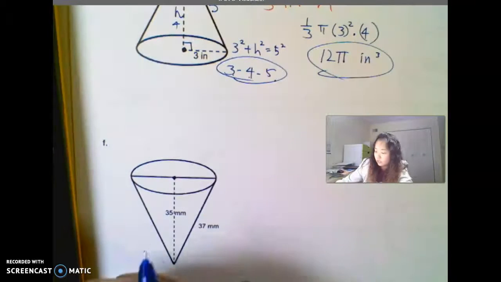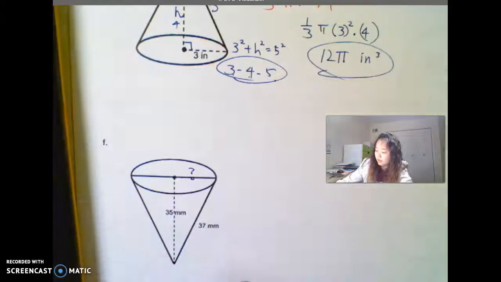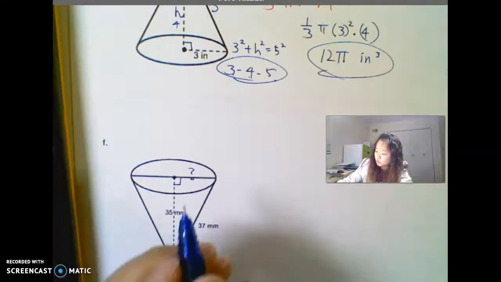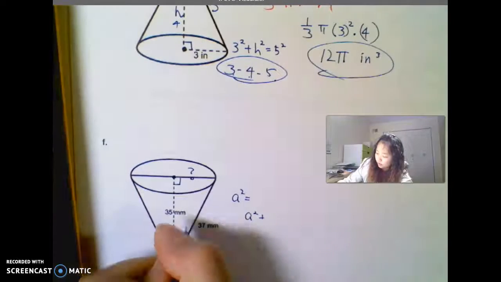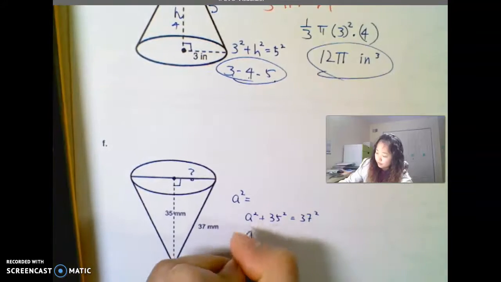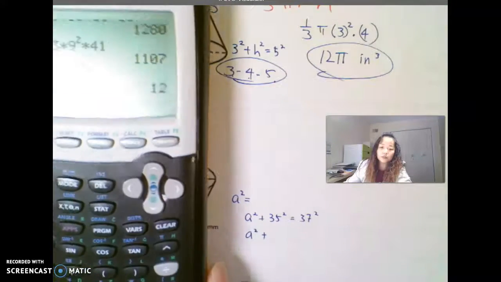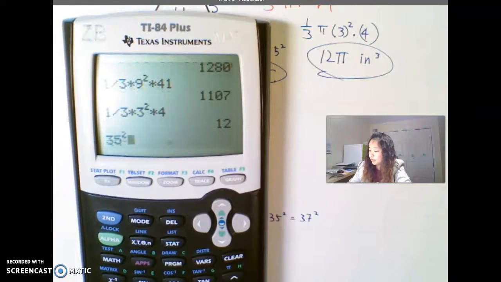Last cone here. Ooh, they didn't give us the radius. So mean, don't you think? So, wait, a squared plus 35 squared is 37 squared. Now, this is something that I don't expect you guys to memorize. And so I'm just gonna do it.